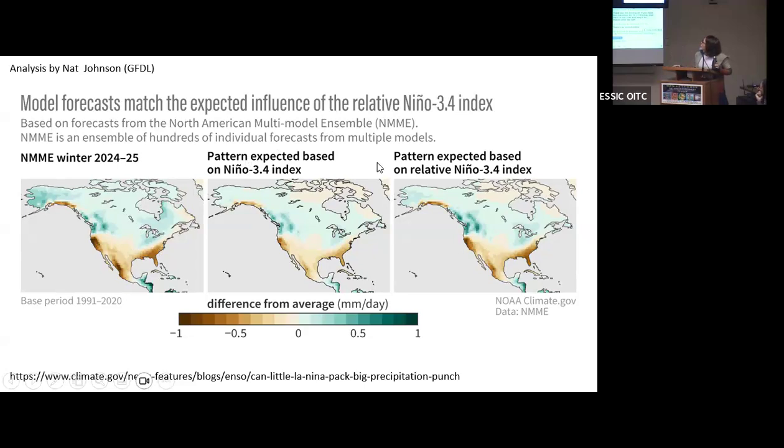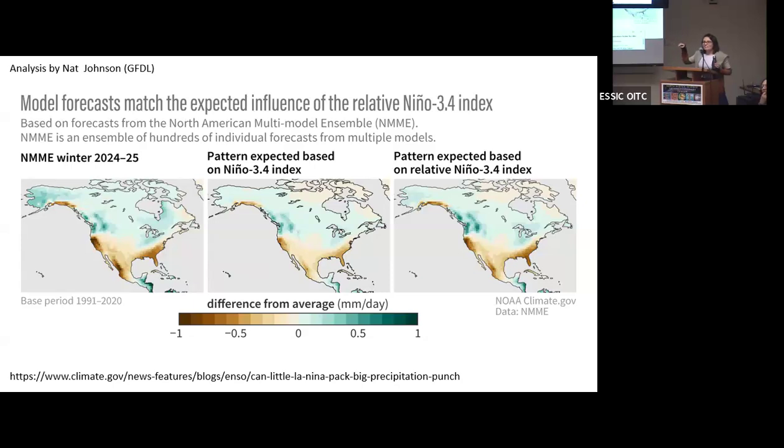What he noticed is that if you do the reconstruction in the prediction space, based on the traditional index and the relative index, the relative index amplitudes match better with what the model's own prediction is showing. That's really interesting, because it implies that the relative index in the model world is actually getting the intensity of this.